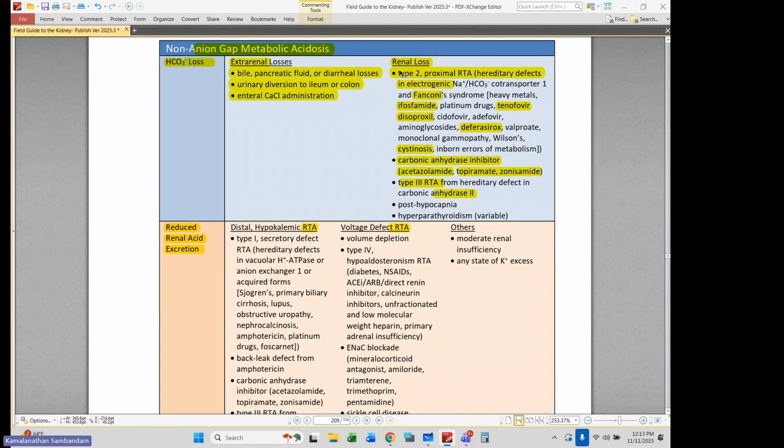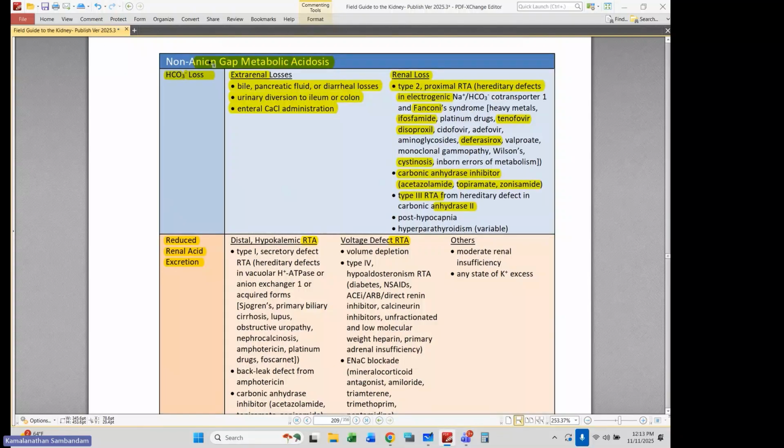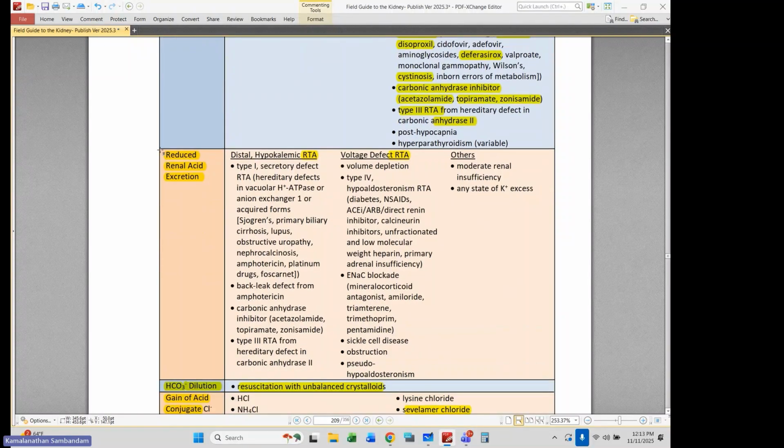We talked about our renal losses, including the proximal RTA. Now we're in this row of causes of non-anion gap metabolic acidosis arising from impaired renal acid excretion, okay? And a distal RTA would be an example of that, okay?